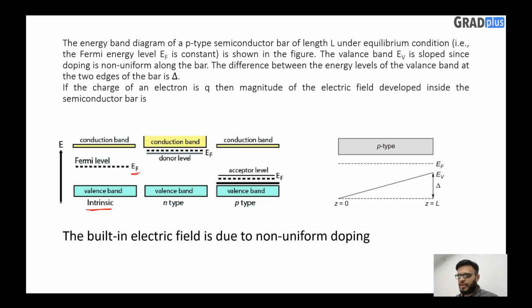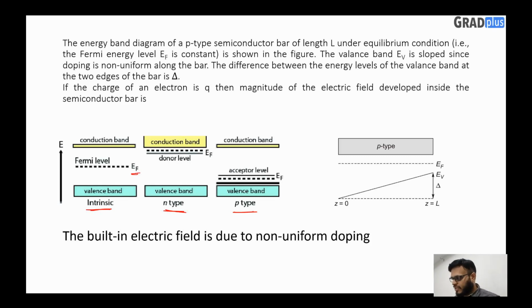For n-type, it will move closer to the conduction band, as you can see in the second part of the figure. And for a p-type semiconductor, which we are considering right now, it moves towards the valence band, that is downwards. Now this movement depends on how much doping you are doing. The more the doping, the closer the Fermi level comes.